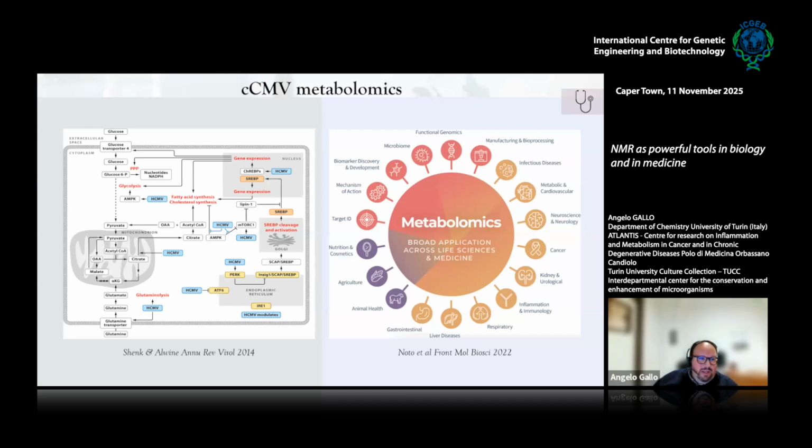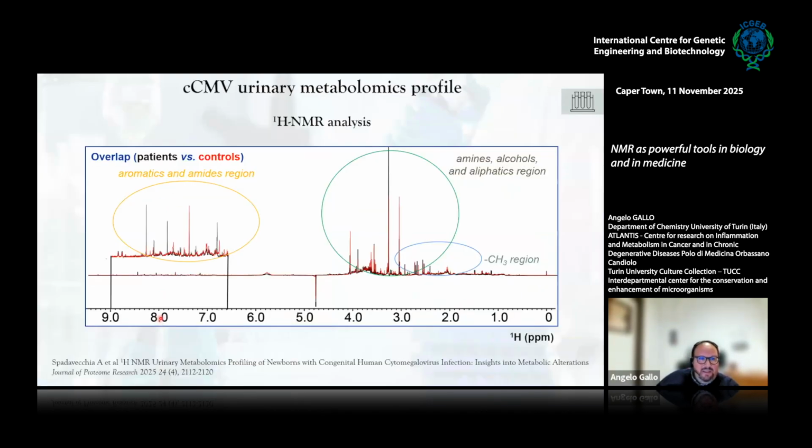So we know already where some of the pathways in metabolomics can affect our virus. So you can see here where most of the virus might act. So we immediately dug into NMR experiments, and this is an example, the 1H NMR spectra we collected.